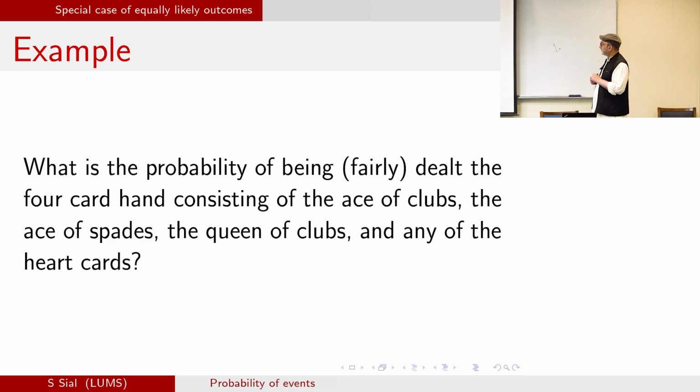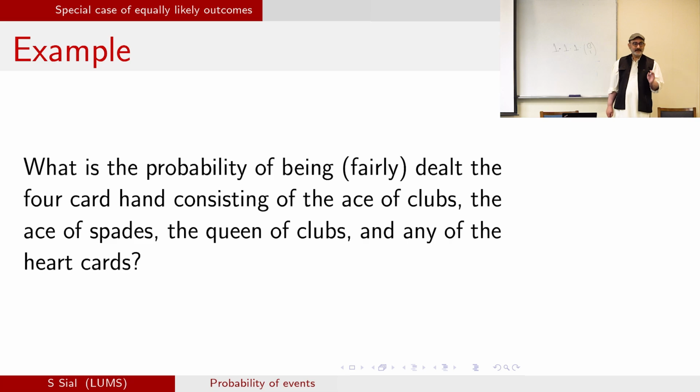Then we have to select the ace of spades. One way of doing that. Then we have to select the queen of clubs. There's one way of doing that. How many ways are there to choose one of the heart cards? Okay, 13. Out of 13 heart cards, I have to choose one. So 13 choose 1.